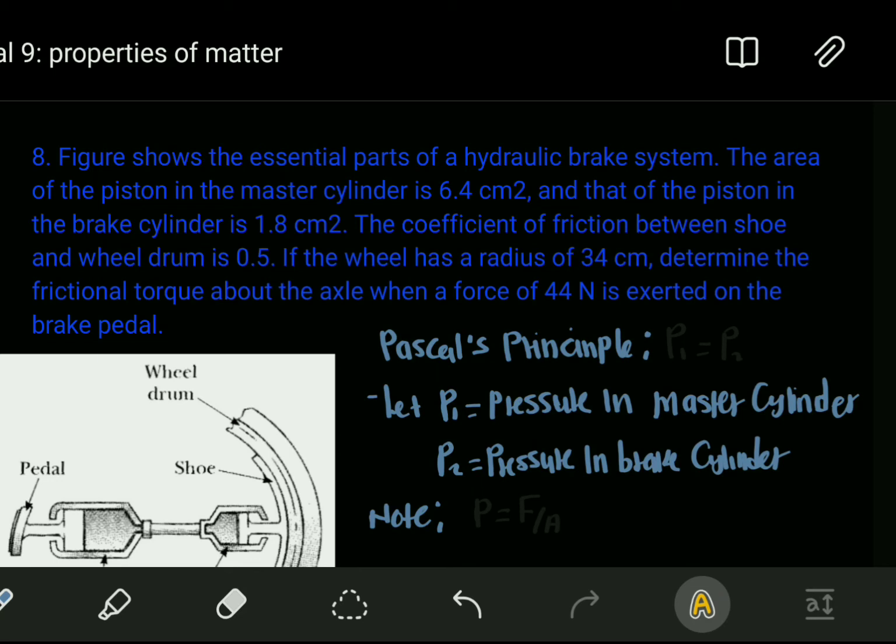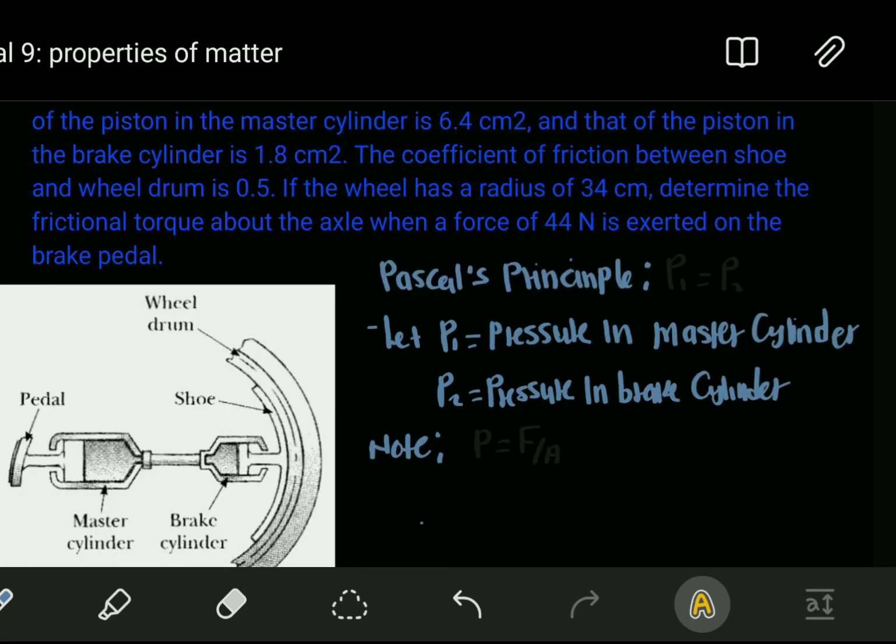Okay, so we want to find the frictional torque here when this force is applied on the pedal. It's like a wheel is rotating and then you apply brakes. So we want to find the frictional torque, which will be obtained from the force of friction in this system.